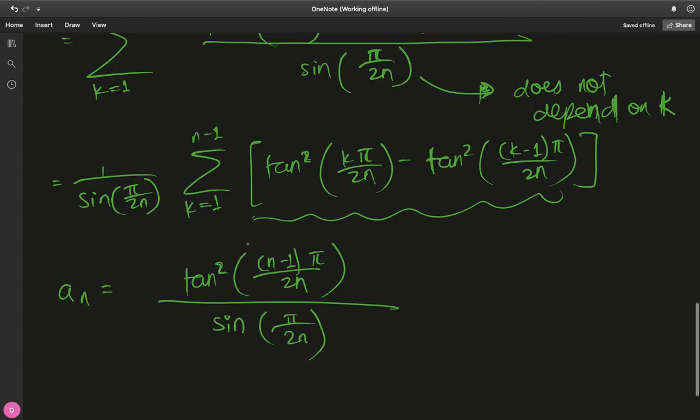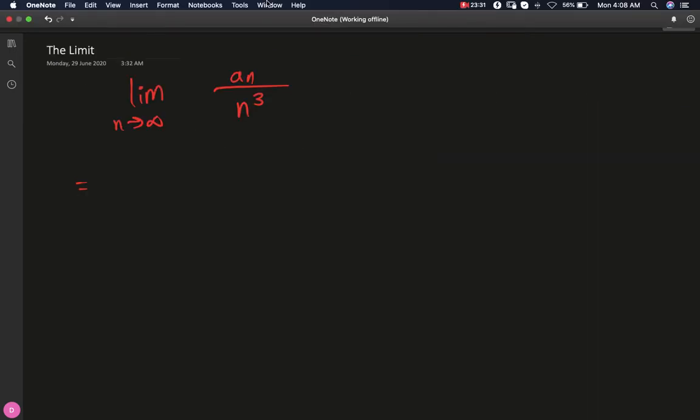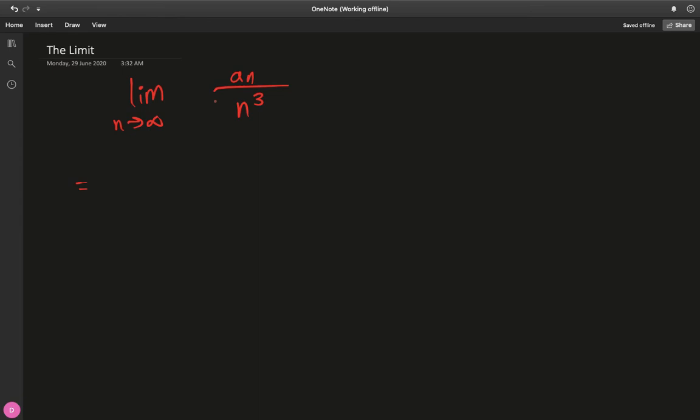And now let's actually find out what the limit is, because remember we had to find the limit as n goes to infinity of a sub n divided by n cubed. We know what a sub n is. Let's just write it as a fraction and find the limit. Okay, so that's our goal. Now let's make the appropriate substitution for a sub n.